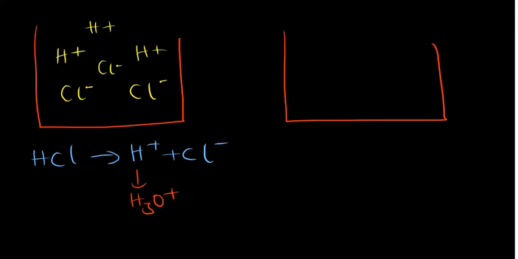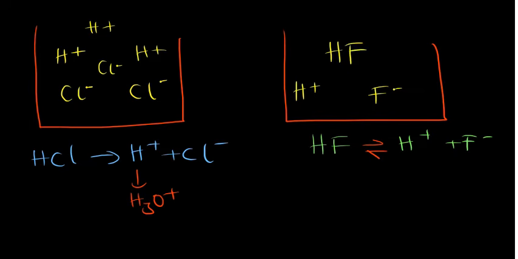Now on the other side, where we have a weak one, hydrogen fluoride, since the arrows show that we have the backward reaction and the forward reaction, in the solution only part of this has dissociated, meaning that you're going to have hydrogen ions, fluoride ions, and then the hydrogen fluoride itself as an acid will still be present in the solution.